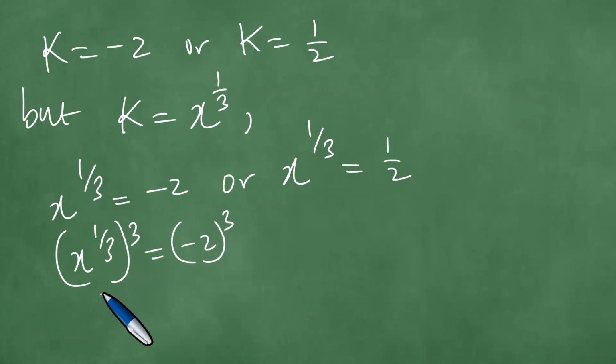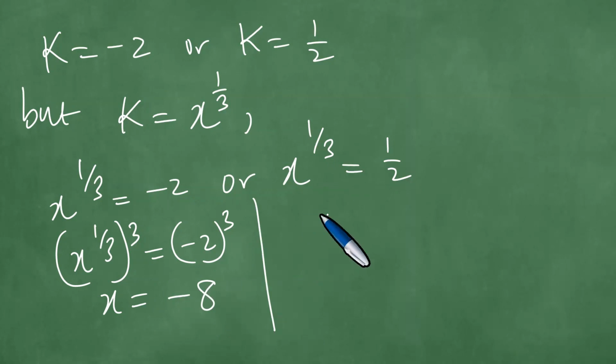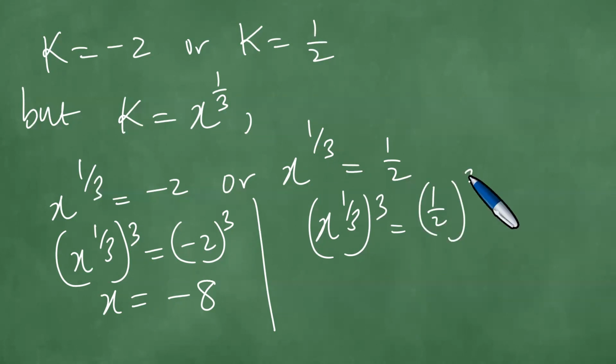So 3 cancels 3, and x is minus 2 cubed, which is minus 8. And this one is x to the power 1/3, you cube this and cube that, which means x is 1/8. So x is minus 8, or x equals 1/8.